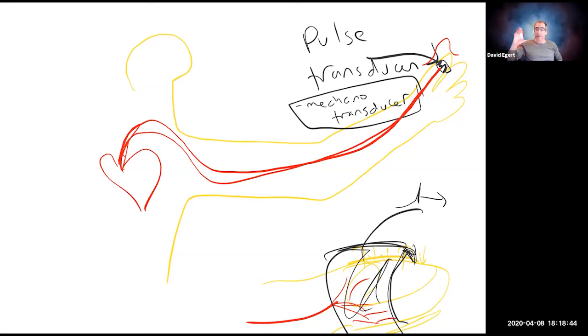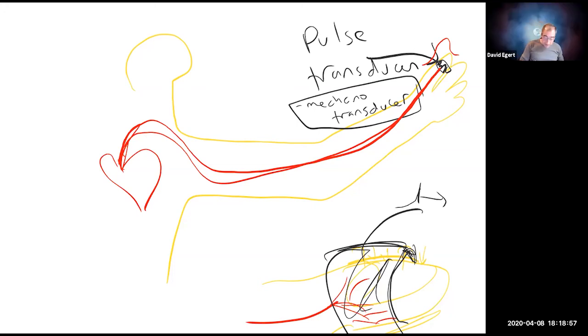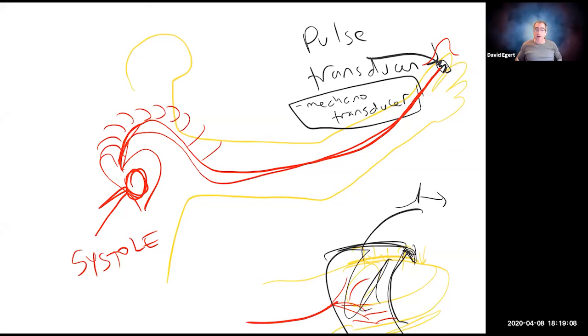What's actually generating the impulse of pressure that starts the pulse? Systole? Exactly, ventricular systole. When the ventricles squeeze, that's going to generate a pressure wave that's going to start traveling down the arteries.